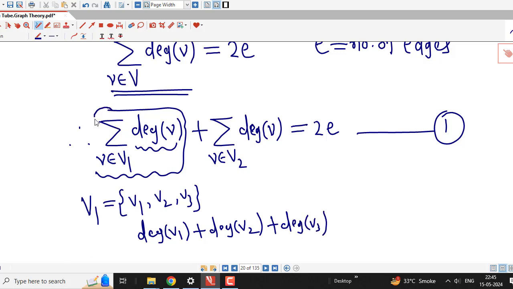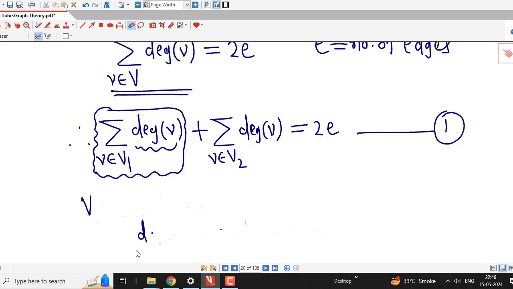So this is the sum of even numbers, and we know that if we are adding even numbers, then their sum is also an even number. Therefore this summation turns out to be an even number.